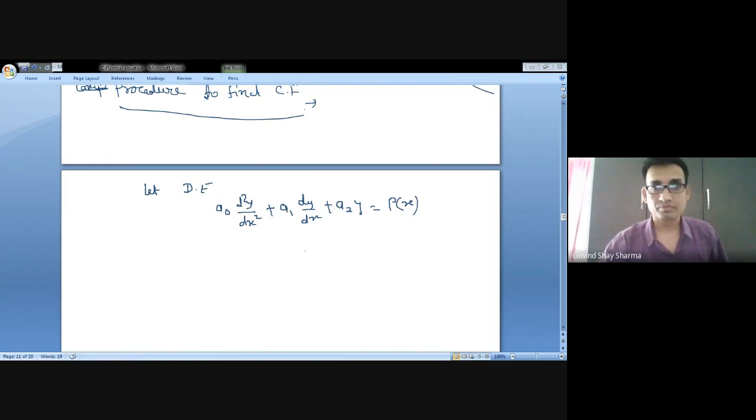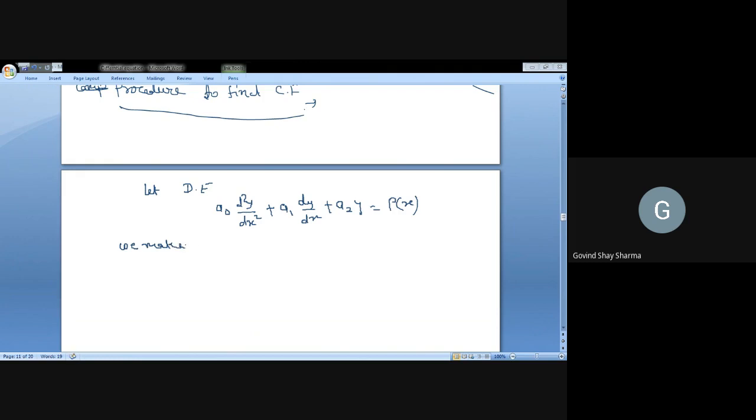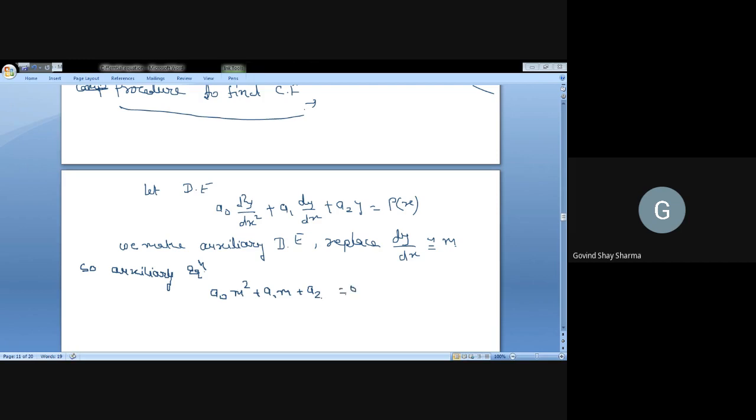There we make the auxiliary equation, replacing d/dx by m. So the auxiliary equation is a0 m square plus a1 m plus a2 equal to 0.